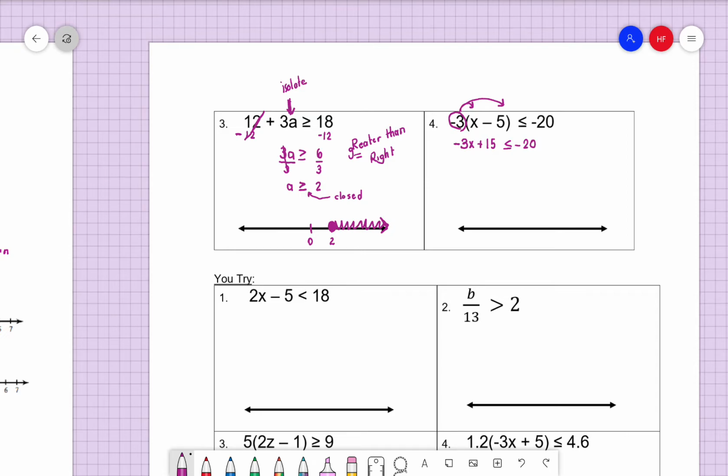So I want to isolate this x. First thing, move my constants to the other side. Get negative 3x is less than or equal to negative 20 minus 15 is negative 35.